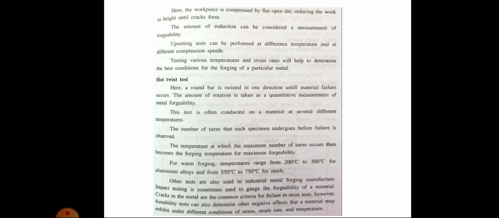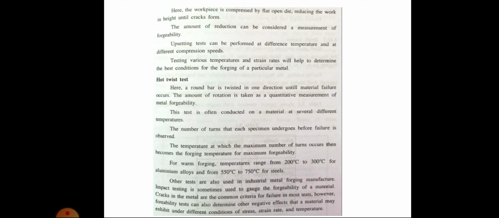Hot twist test. Next one is hot twist test. Here a round bar is twisted in one direction until material failure occurs. The amount of rotation is taken as a quantitative measurement of metal forgeability. This test is often conducted on a material at several different temperatures.